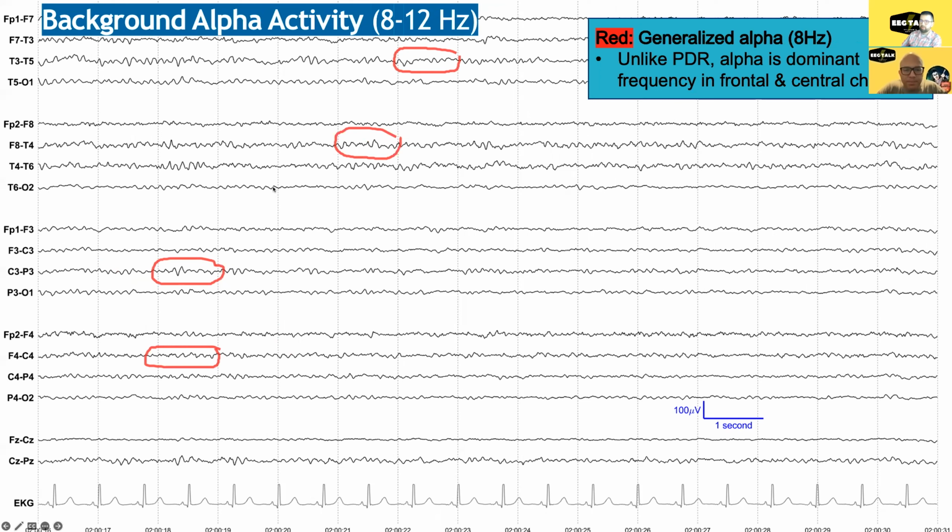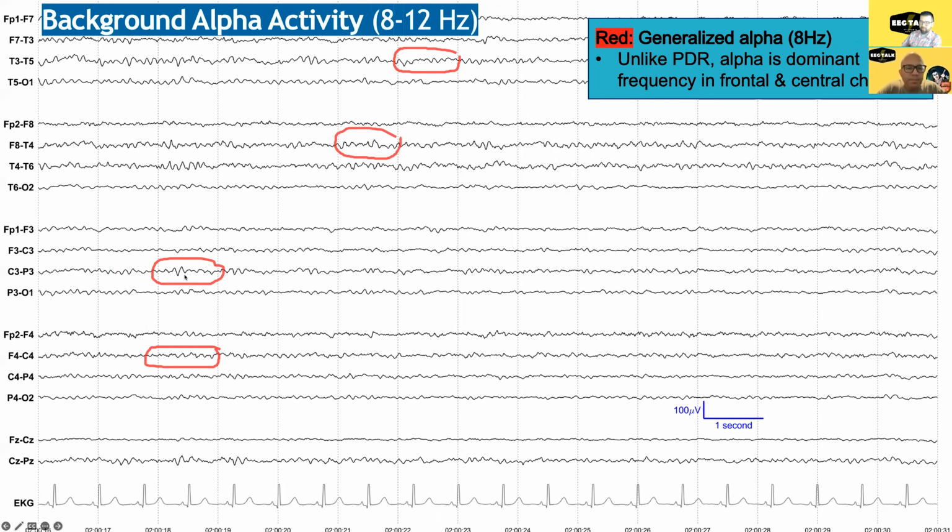Pretty diffuse as well. So we see it pretty much everywhere. And if we count the cycles here in this one bar, which is 1 second, then it falls into the 8 to 12 hertz range. So it's alpha. And I think one important point is to differentiate from the posterior dominant rhythm, which is typically also alpha, right? And sometimes we even call it the alpha rhythm, which is maybe confusing because this is not the alpha rhythm, even though what we're seeing here is in the alpha range.